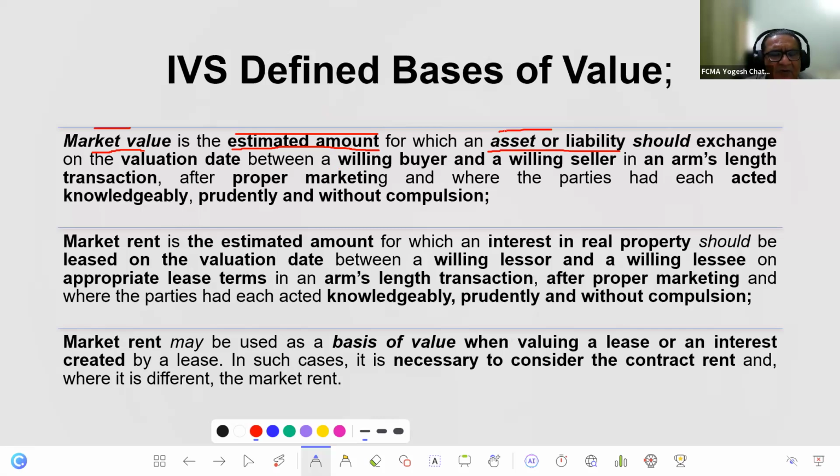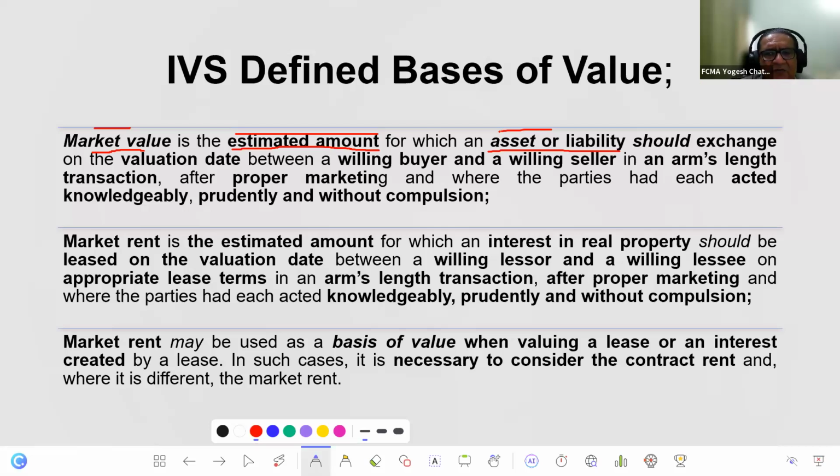Here, when we are talking about the asset, traditionally we understand asset means resources for a future economic benefit. Those resources which are capable of generating future economic benefit for the owner of the resources, we generally consider as the asset.